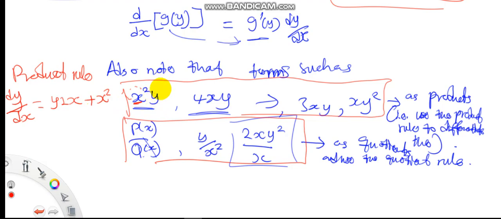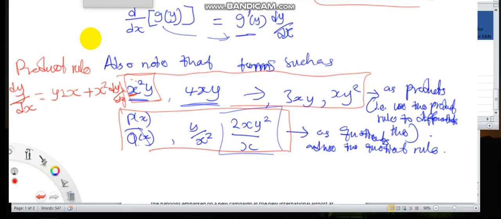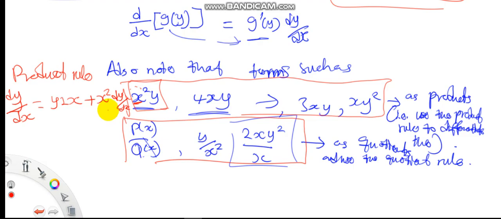Here, remember, if you are differentiating y, it's just going to be dy dx. So this is how you differentiate this sort of term. If it is a product, remember this is the product rule. If you have difficulties with this, go back and view the lesson on the product rule and the quotient rule.